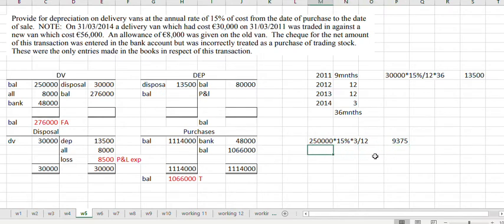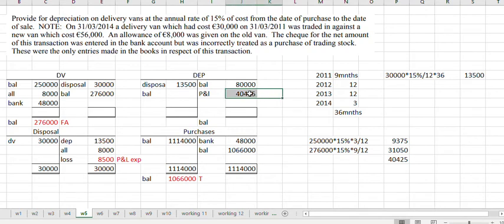For the remainder of the year, 9 months, our vans were worth this much, 276,000, times 15% times 9/12, which gives us 31,050, for a total of 40,425. That goes up here, 40,425.